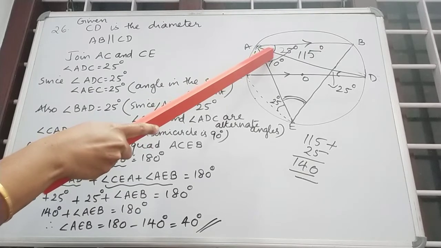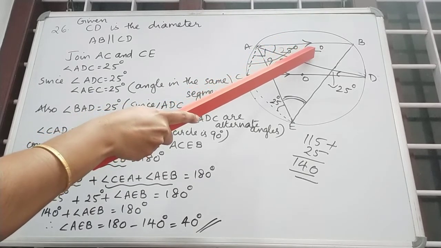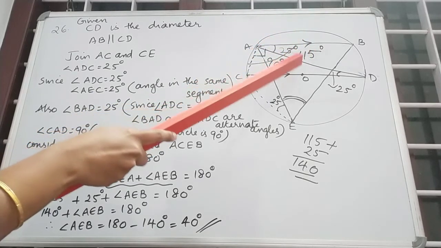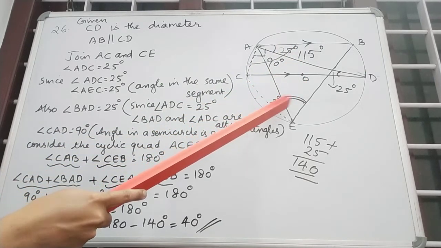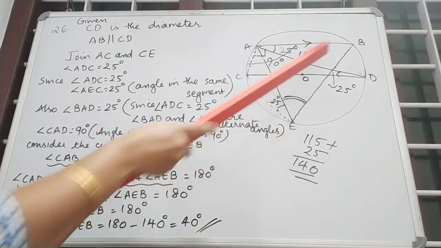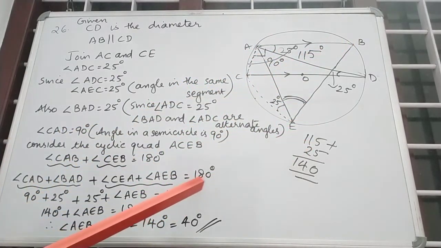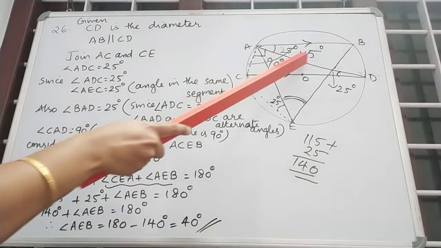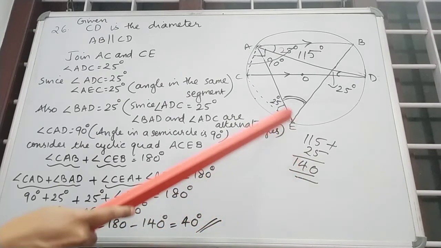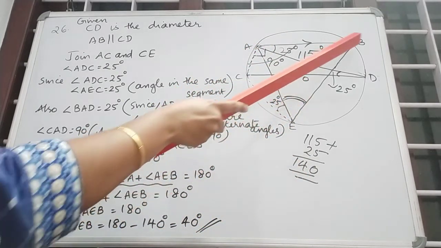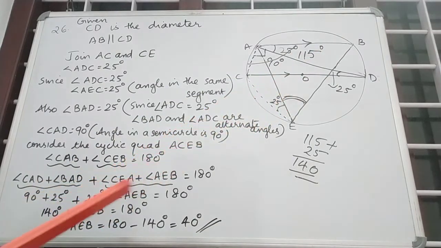BAC is 90 plus 25 is equal to 115. 115 plus 25 degree plus angle AEB is equal to 180 degree. So 115 plus 25 is 140 degree. 140 plus angle AEB is equal to 180 degree. So angle AEB is equal to 180 minus 140, which is equal to 40 degree. That is the second part of our question.